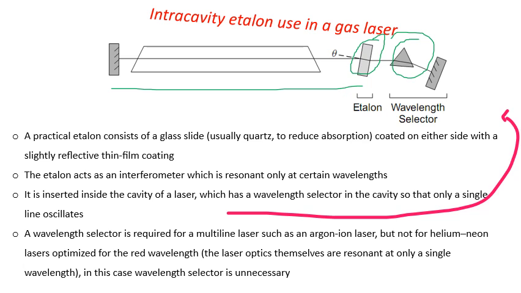Now go through the points mentioned here. A practical etalon consists of a glass slide, as I mentioned, which can be quartz to reduce the absorption, coated on either side with a slightly reflective thin film coating.